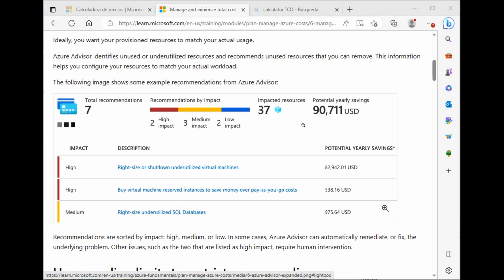In some cases, Azure Advisor can automatically remediate or fix the underlying problem. Other issues, such as the two that are listed as high impact, require human intervention.